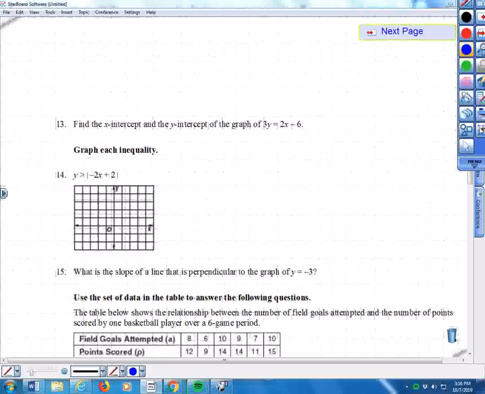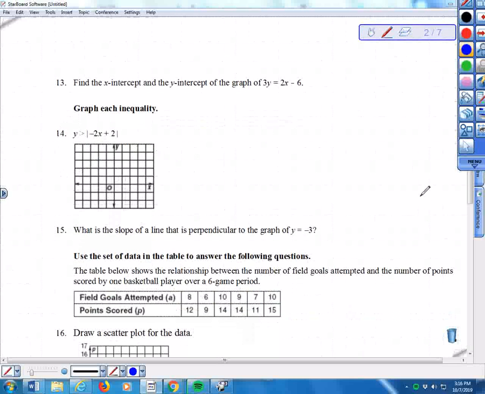Okay? Find the x-intercept and the y-intercept. So how do we find the y-intercept? What do we do? You replace the y and the x with 0. Or is that just only one of them? I'm trying to find the y-intercept. What's the x value at the y-intercept? 0, right?